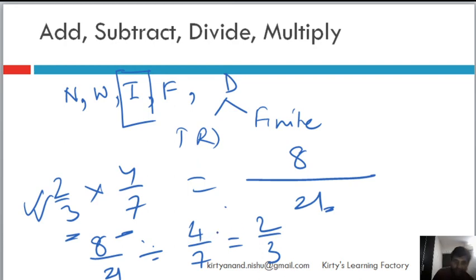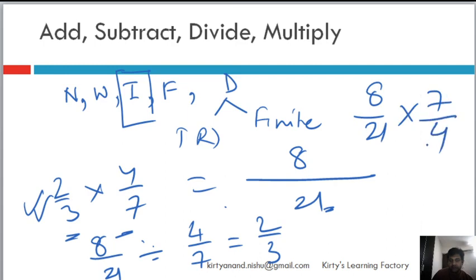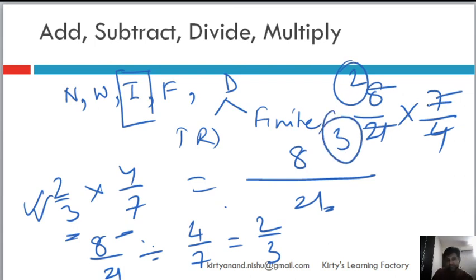Right. Now you see that if this were to happen, what kind of operation was required here? And you will see that 7 into 4, if you do this adjustment, you will get 2 by 3. So that's how we derived that.